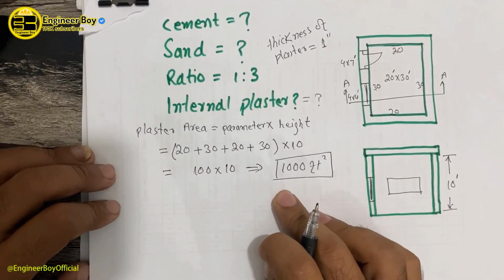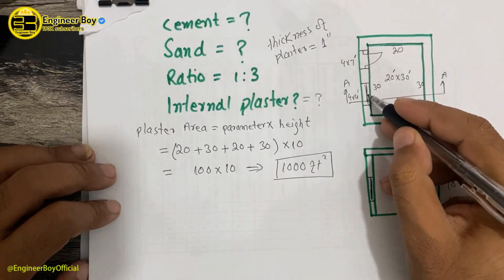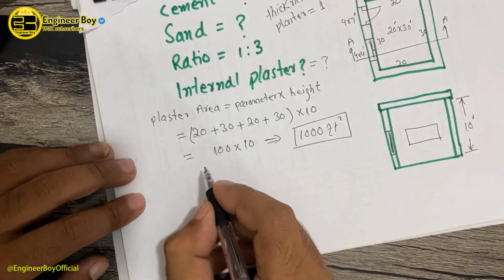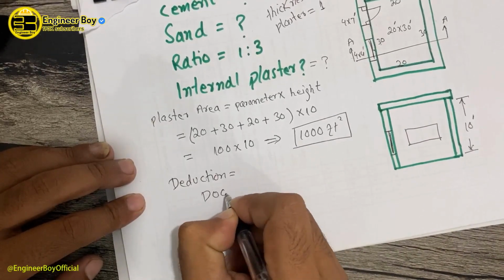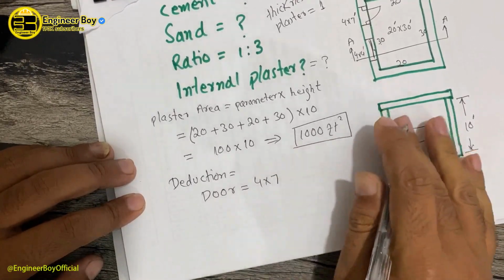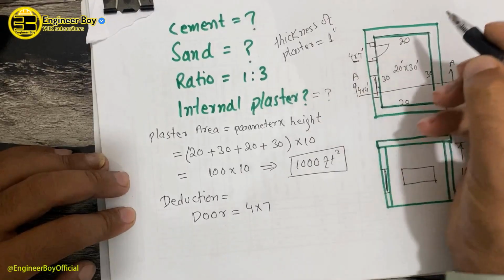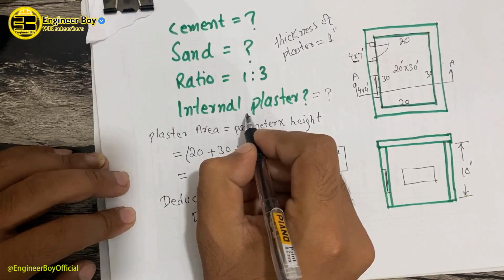Once you have the plaster area, remember there is a deduction for the door and for the window. That means we have to determine some deductions. For the door size, that is 4 by 7 feet. Remember, we have to deduct only one side of the door because we are determining the internal plaster.